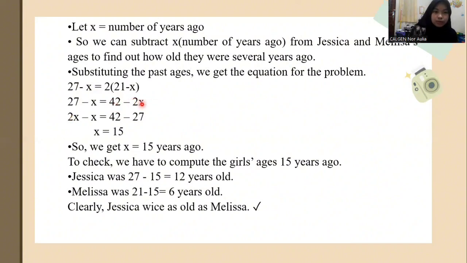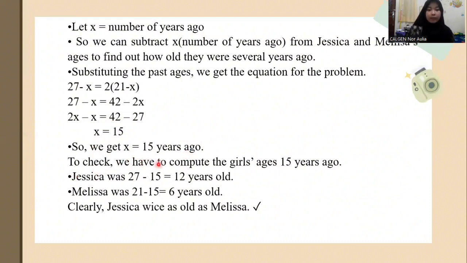We can move 2x to the left to find the value of x. So the operation is like 2x minus x equals 42 minus 27. So the value of x equals 15. So we get x equals 15 years ago.